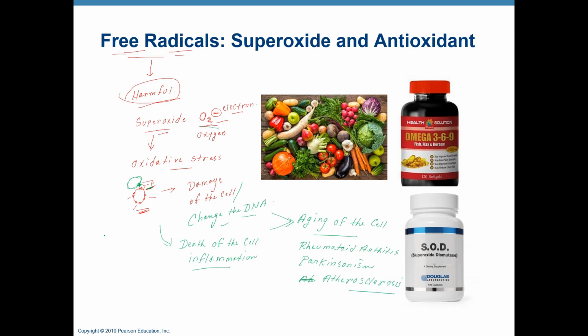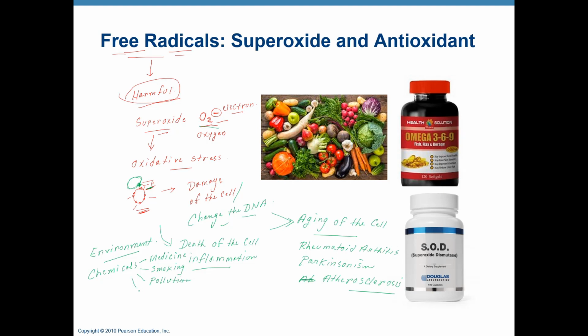However, some factors can enhance or increase the production of superoxide. For example, environment. Unhealthy environment can cause excess production of superoxide in the body, like certain chemicals, some medicines, smoking, pollution, environmental pollution.